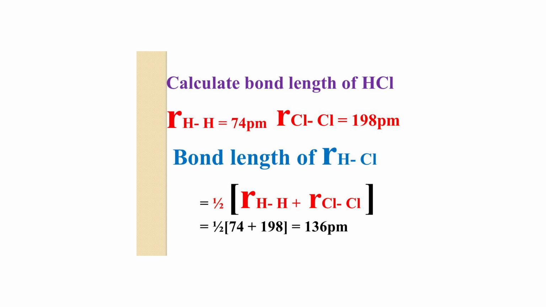That is R(H-H) is equal to 74 pm, R(Cl-Cl) is equal to 198 pm. Then bond length of HCl, R(H-Cl), is equal to half into R(H-H) plus R(Cl-Cl), is equal to half into 74 plus 198 pm, is equal to 136 pm. That is the bond length of HCl.